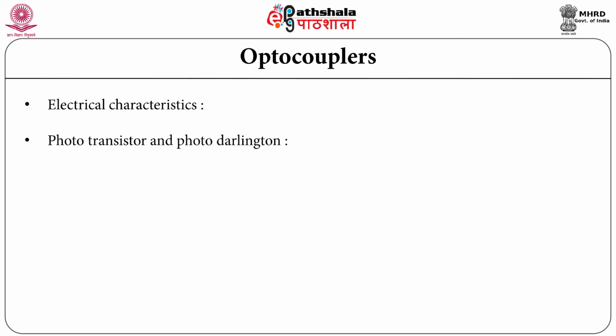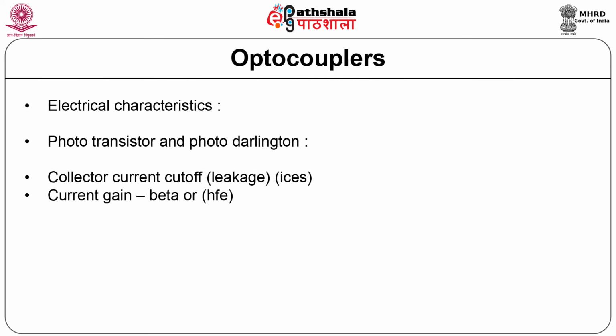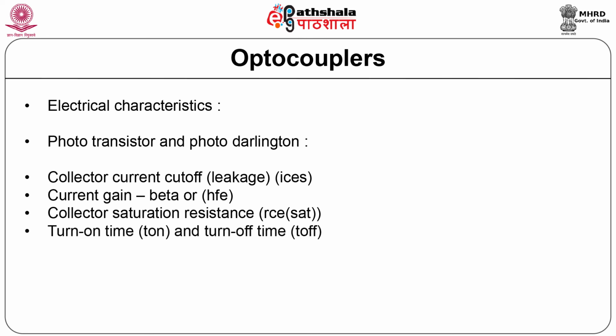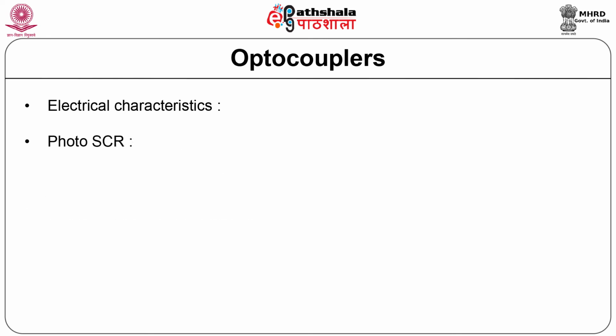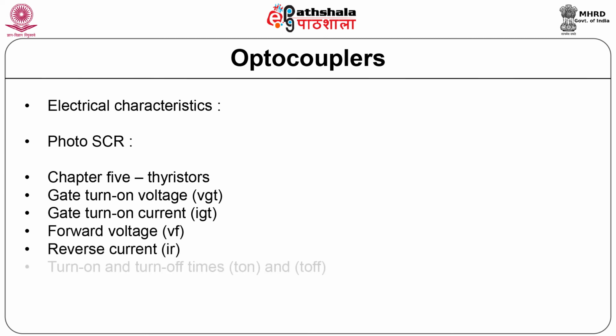If it is a phototransistor or photo-Darlington, then collector current cutoff, current gain, that is beta or HFE, collector saturation resistance, turn on time and turn off time, and frequency cutoff are important. If it is a photo SCR, then gate turn on voltage, gate turn off voltage, gate turn on current, forward voltage, reverse current, turn on and turn off times, etc. are important.